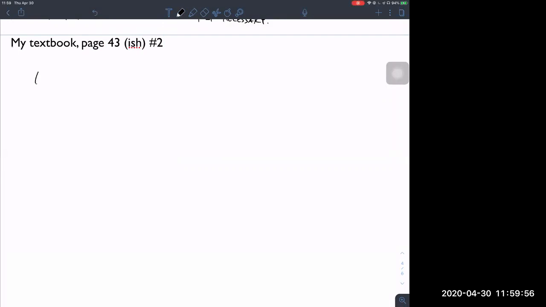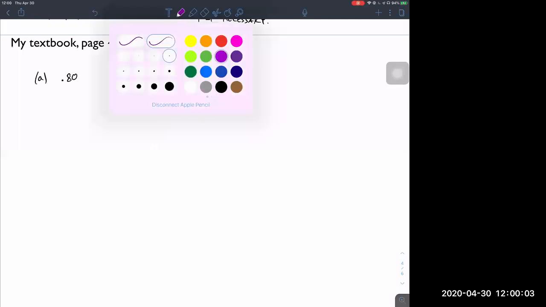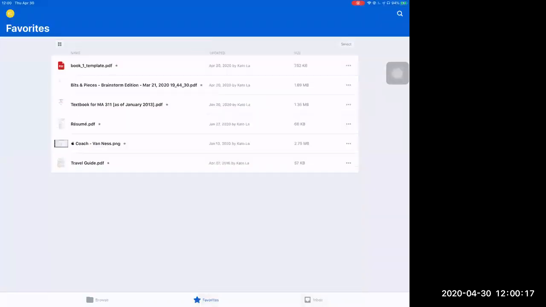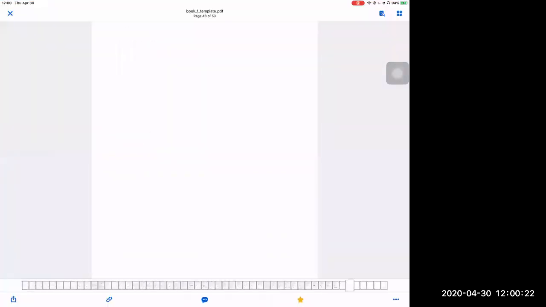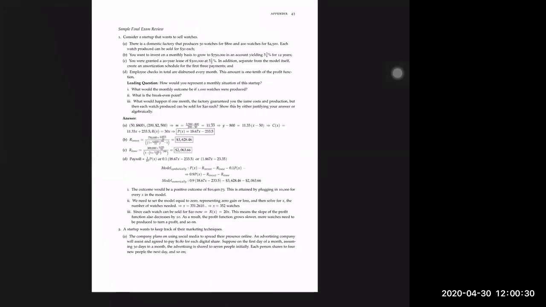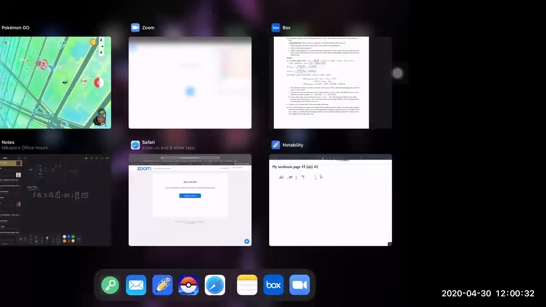So part A tells you that you have the numbers 80 cents, and then you have 4, and then you have 7. 4 and 7.